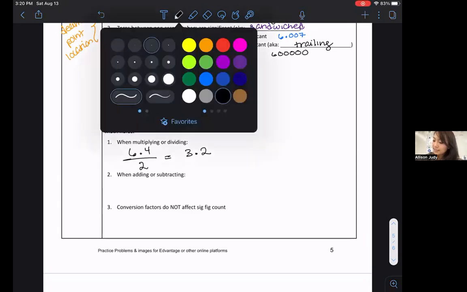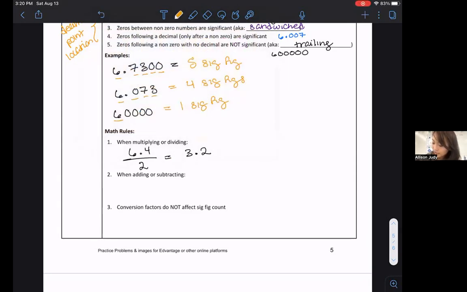Well, when I look at my sig figs, I have a sig fig of 1 for this value, 1 SF, and a sig fig of 2 for this number. According to my sig fig rules with math, you can only count sig figs for the least sig fig value. So what I mean by that is that the least sig fig value determines your final sig fig value.